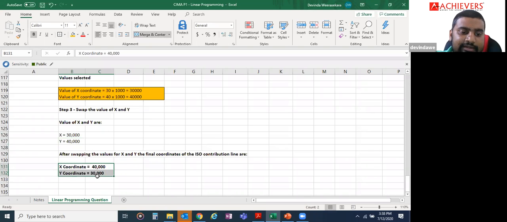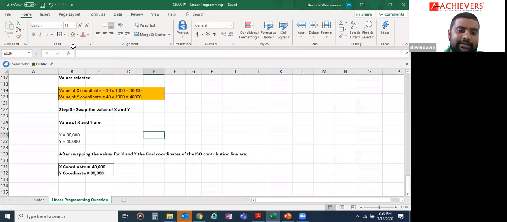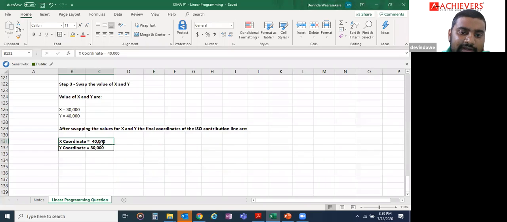So these are the final coordinates of the iso contribution line. Clear, guys? These are the final coordinates of the iso contribution line.